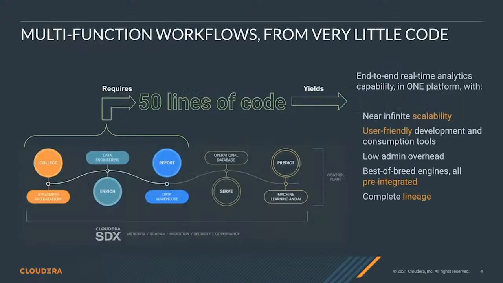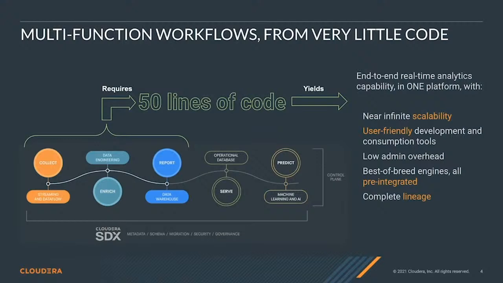The next number I'll highlight is 50. This one refers to 50 lines of code. And what this is meant to do is illustrate the ease with which you can build these end-to-end data lifecycle applications within the Cloudera Data Platform. You've probably seen the diagram here on this slide a lot. So the example I'll use for this purpose is an application that's a streaming CDC resolution application.